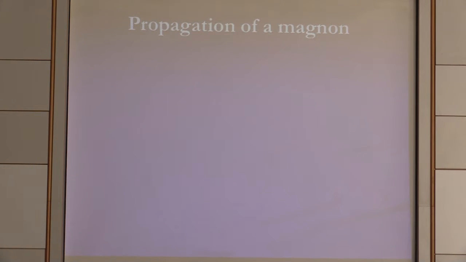So let me show you what people in cold atoms did. They studied the propagation of a magnon. They realized a lattice of bosons where the bosons carry an internal degree of freedom. Let's call them spin-up bosons. These are the yellow bosons here. Then you change one of these bosons into a green boson, which is a spin-down.